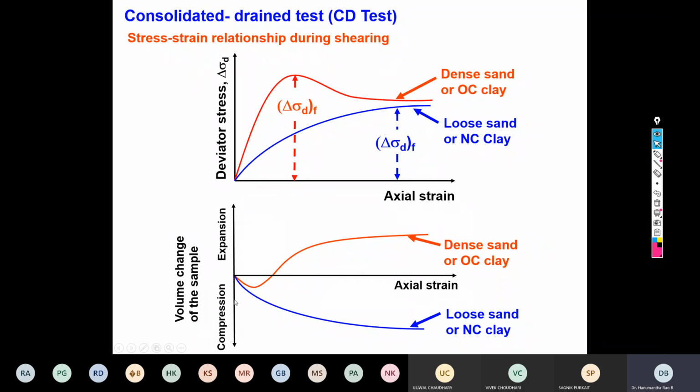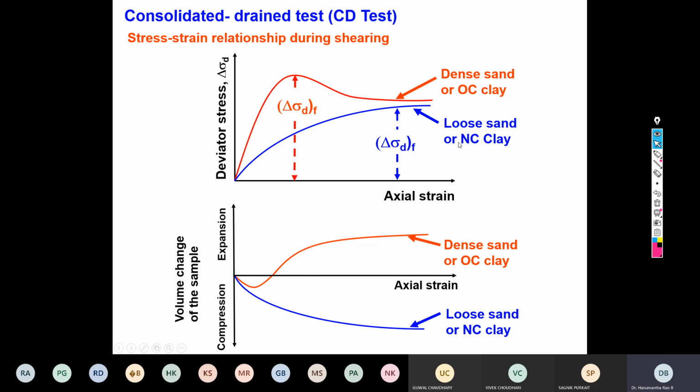So as the sample is achieving the densest possible state, the volume change continuously decreases with increase in the strain. So this is the case of loose sand or normally consolidated clay. You need to understand a fundamental distinction between loose or NC sand, and dense sand or over consolidated clay.